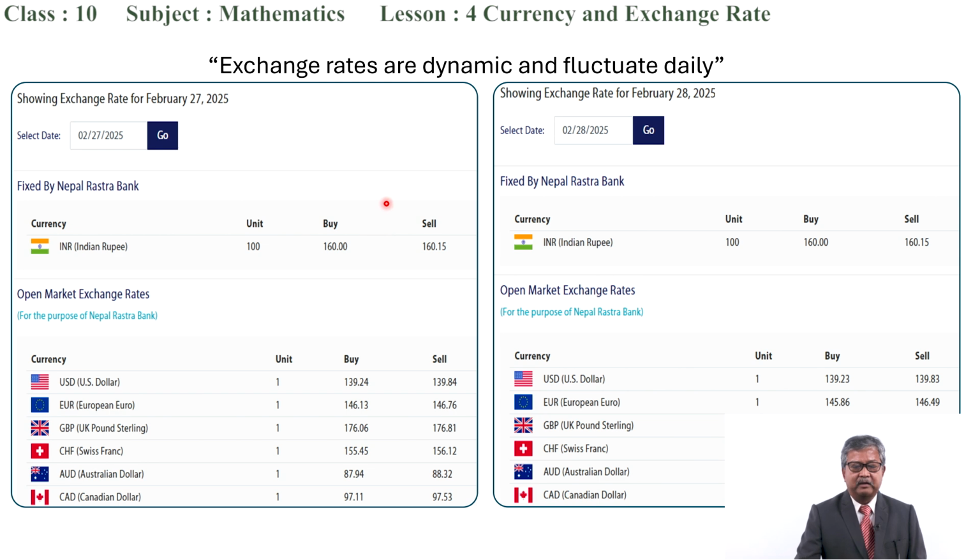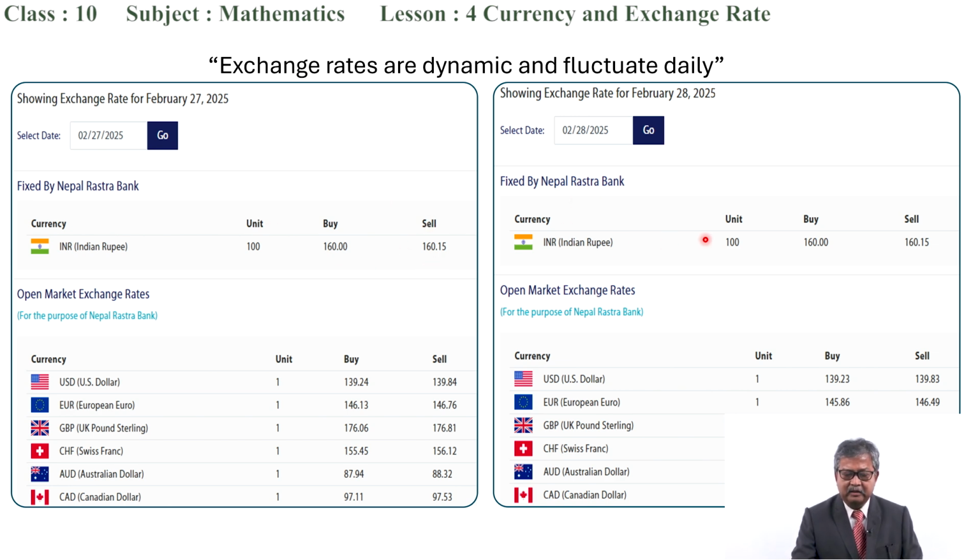Now let's see the exchange rate of two days, February 27, 2025 and February 28, 2025. In these two exchange rates published by the Nepal Rashtra Bank, for Indian currency 100 rupees, the buying rate is 160 rupees and the selling rate is 160 rupees 15 paisa.